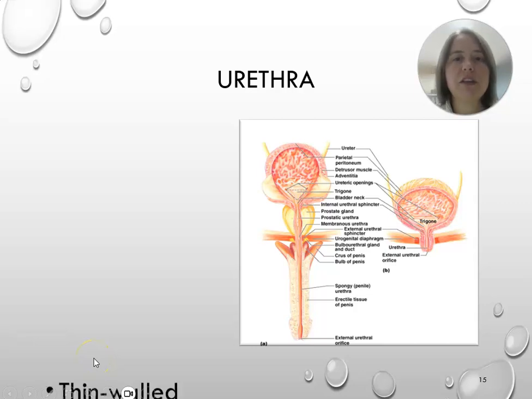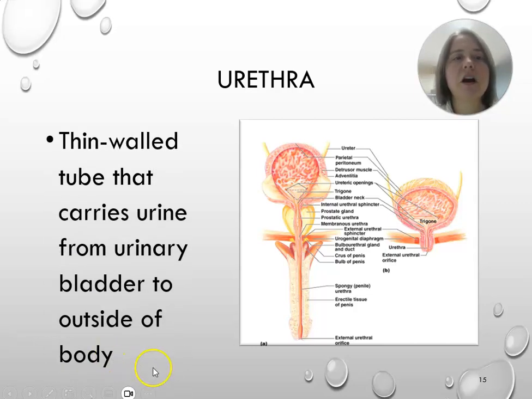So speaking of urethras, urethras are thin-walled tubes that carry urine from the urinary bladder outside of the body. And here is a male and a female urinary bladder, and then a male and a female urethra. The male's is kind of stretched out, and there would be the prostate and then the penis.